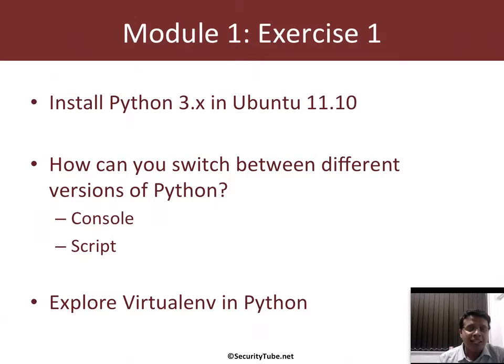How can you quickly switch between both versions of Python? Because as I've told you, the 2.x is different from 3.x, not drastically in the syntax, but definitely enough differences that your scripts won't work across both versions. So how do you switch on the same system between different versions of Python, both using the console interpreter as well as within your script?